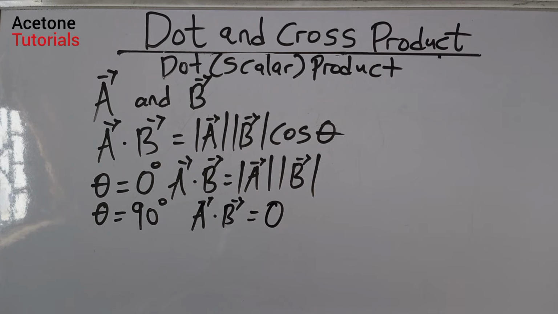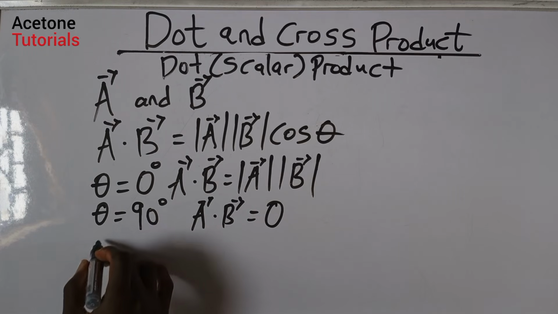So the dot product of two perpendicular vectors is equal to 0. This is important because you can use it to check the orthogonality of two vectors. Two vectors are orthogonal to each other if their dot product is 0. So orthogonal means 90 degrees.